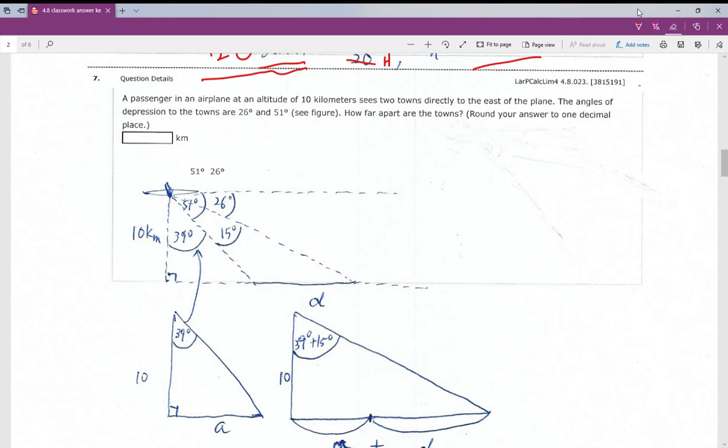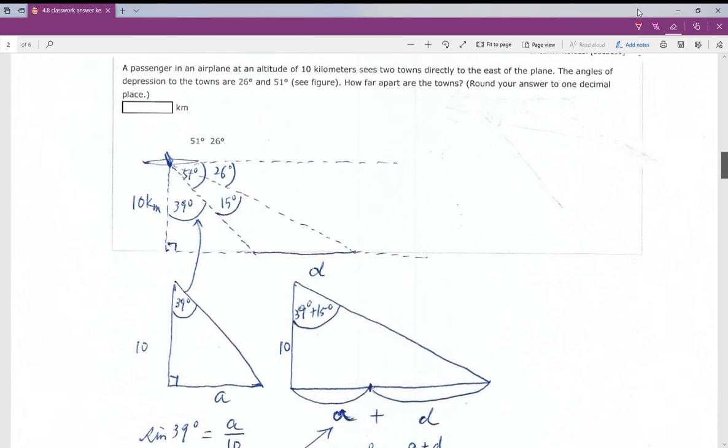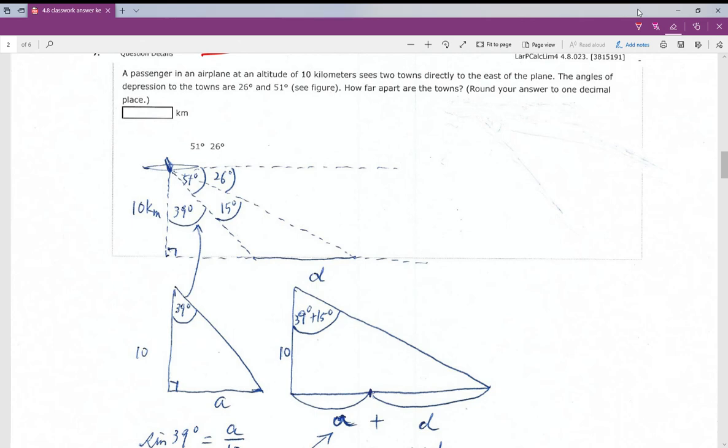Number 7. Number 7, you need to read the question first before you understand the question. Let me see. So I graph for you, but you better read by yourself. Okay, so we have an airplane and some passengers from the airplane. They take a look.